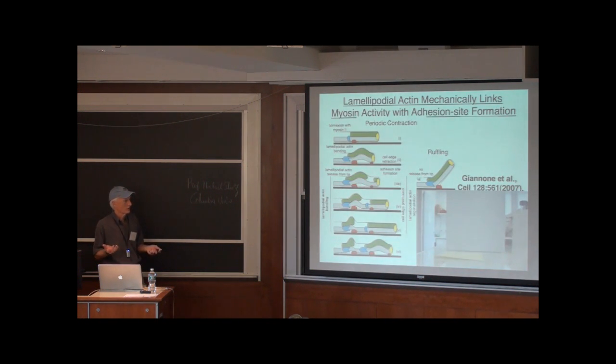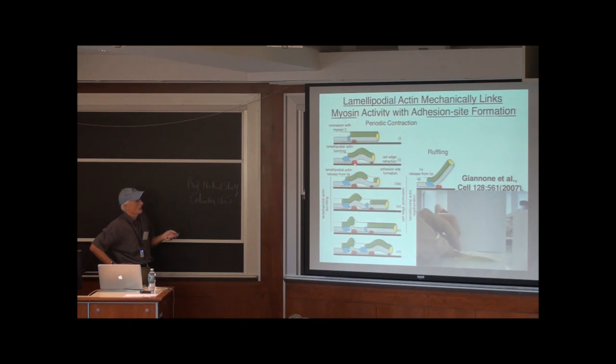So going into particulars, what I'm going to be focusing on a lot is cell spreading and looking in detail at the steps leading to this periodic contraction and then to adhesion assembly afterwards. So the cell is extending here through actin assembly at the leading edge.